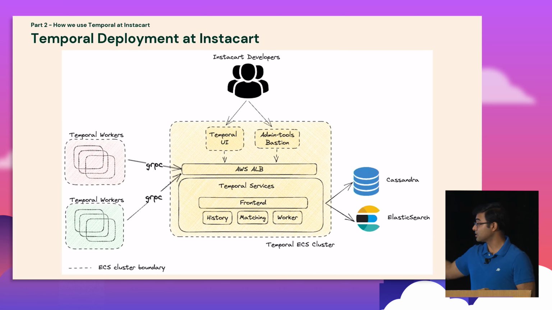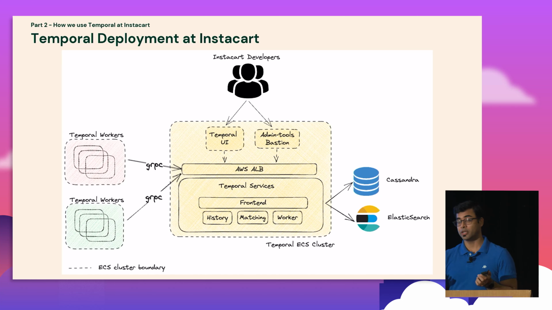Instacart developers access Temporal resources through the Temporal UI. And for admin use cases, we deploy what we call a Bastion service, which allows us to give a backdoor entry into the cluster. But that's perhaps the only way you can actually look at what's happening in Temporal.